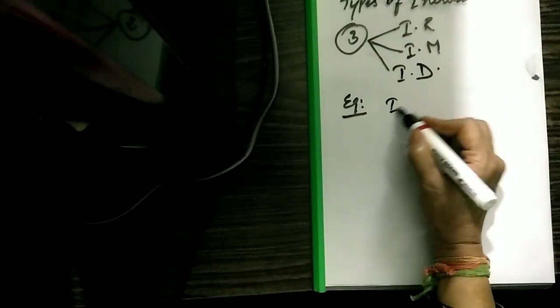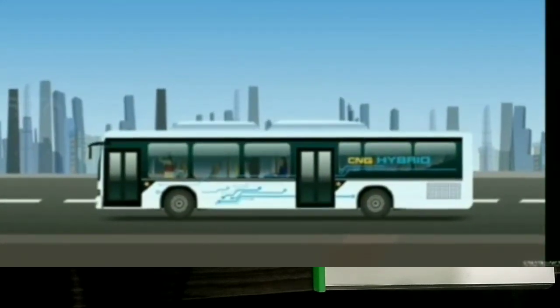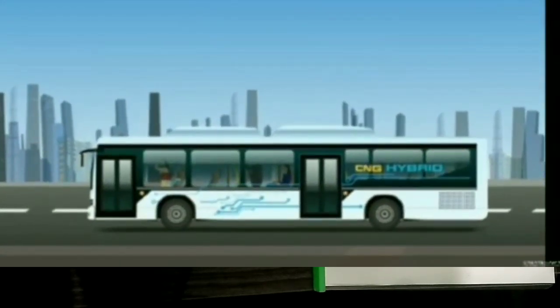Coming to the examples, now in inertia of rest, when a body is at rest and suddenly moves, what will happen? Suppose, for example, if you hold a tree and shake the branches, the leaves will fall down.